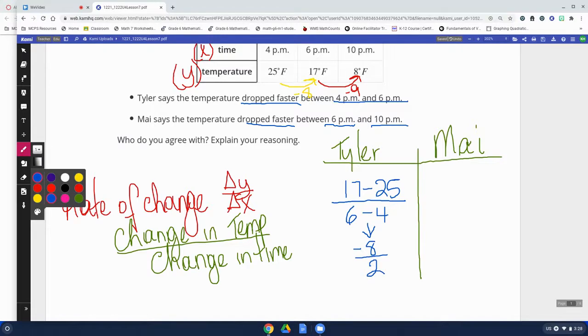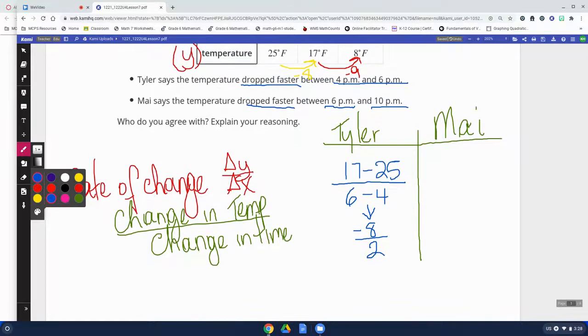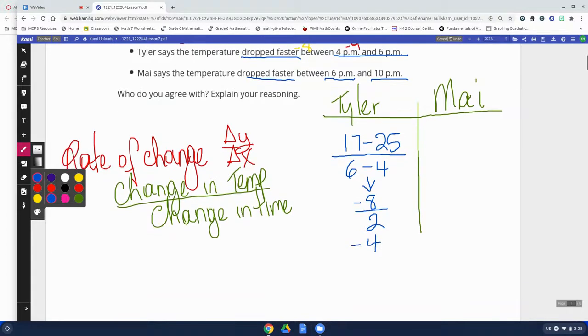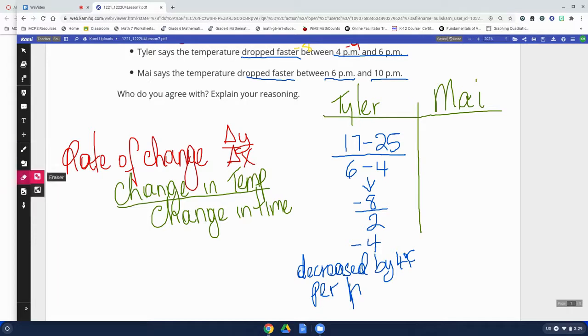So it went down 8 degrees, but it did that over 2 hours, which means there was a drop of 4, decreased by 4 degrees per hour. A drop of 8 degrees over 2 hours is 4 degrees per hour. That is the bottom line.